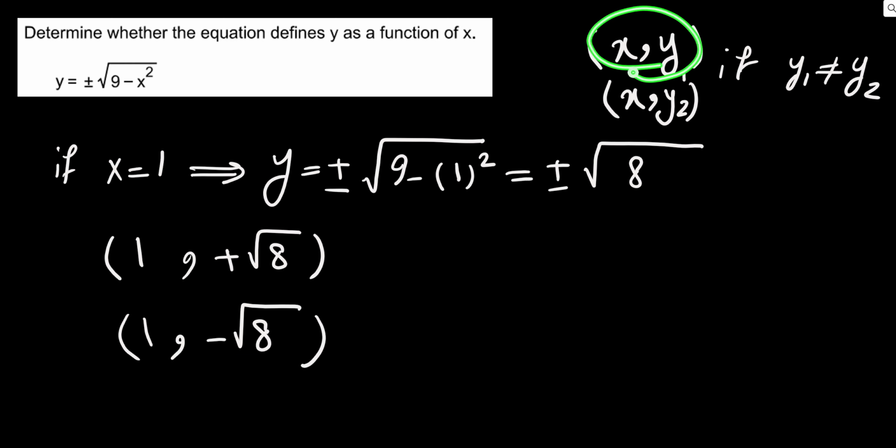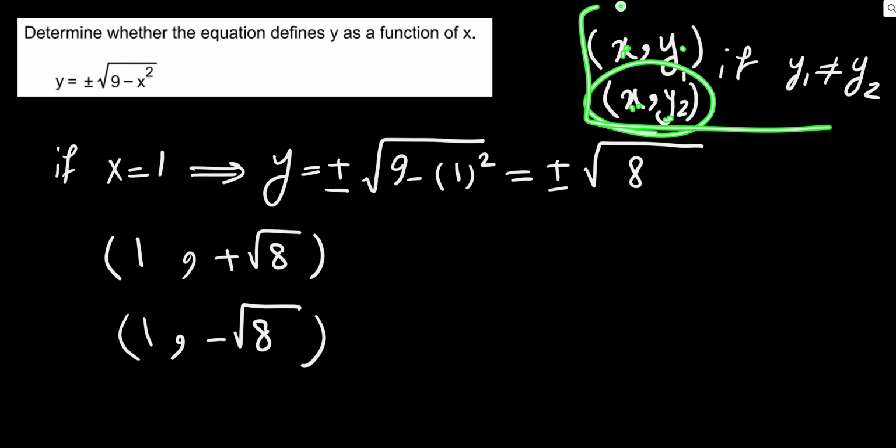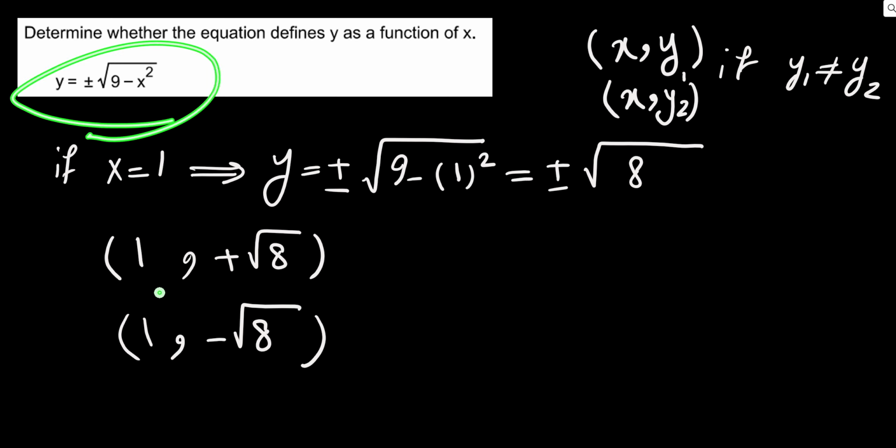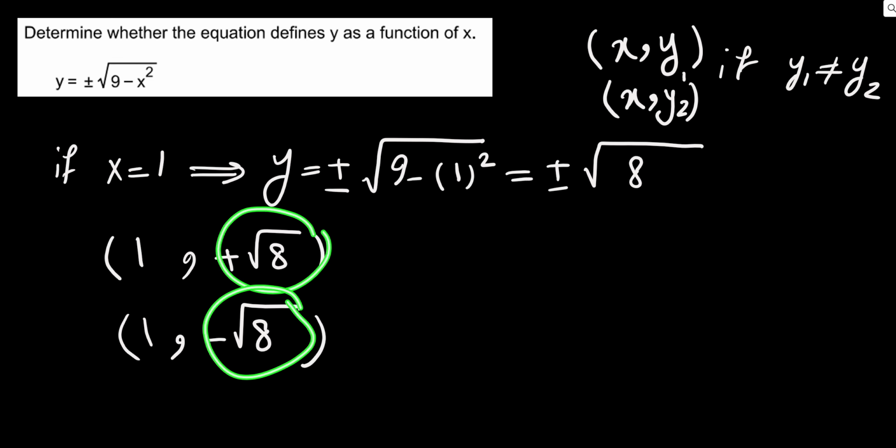When we have x and y1, x and y2, x is equal to x, but y1 is not equal to y2. This relation is not a function. The same for the equation. If you have the same input and you get different outputs, then this equation cannot represent a function. So this is not a function.